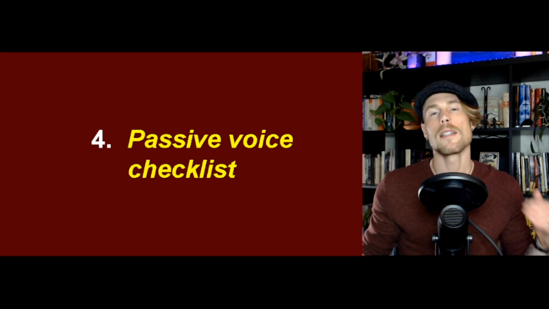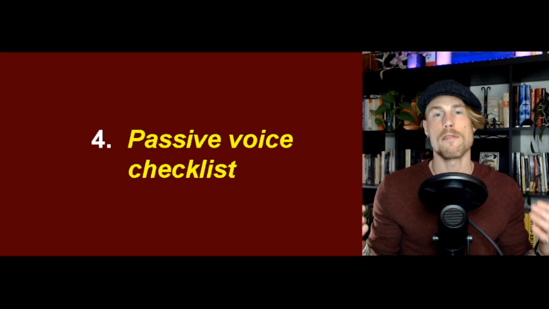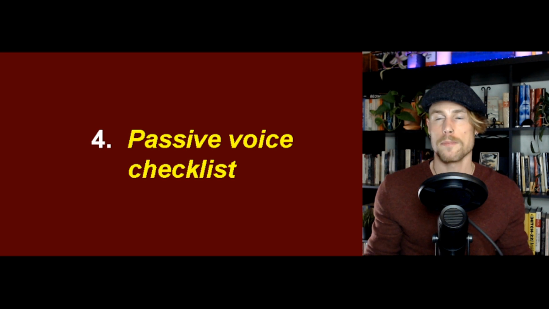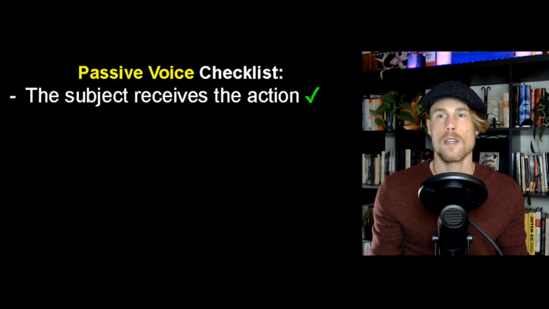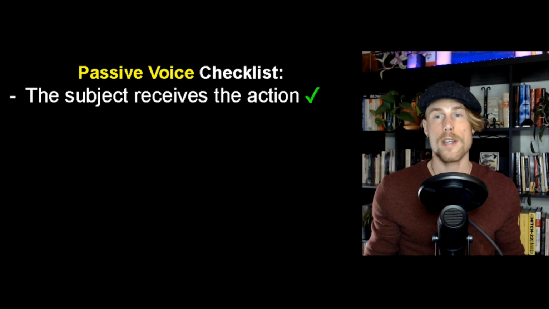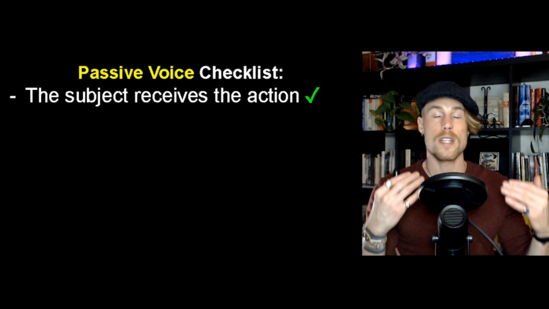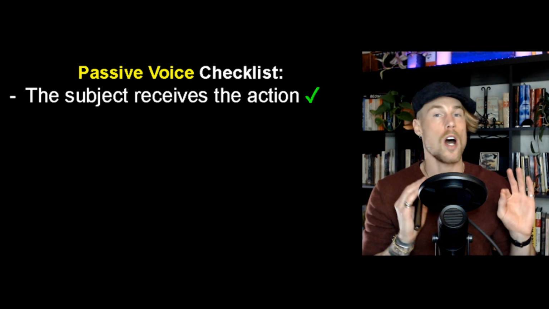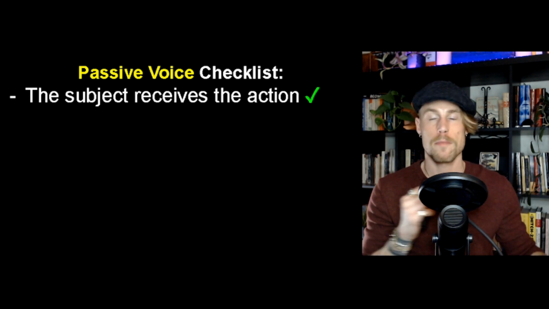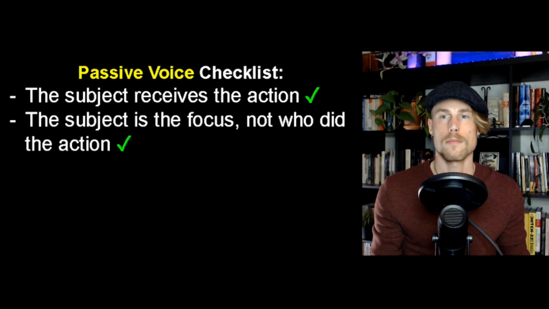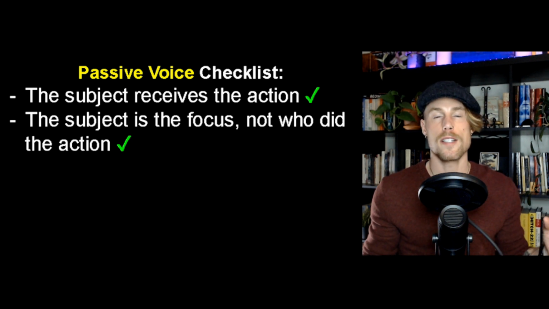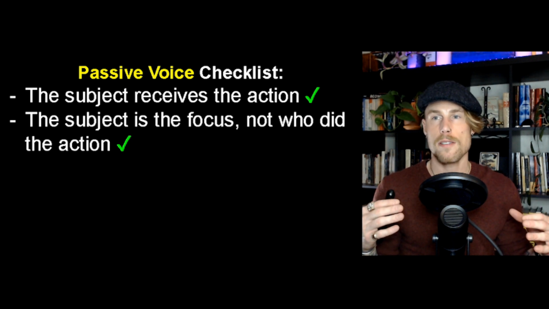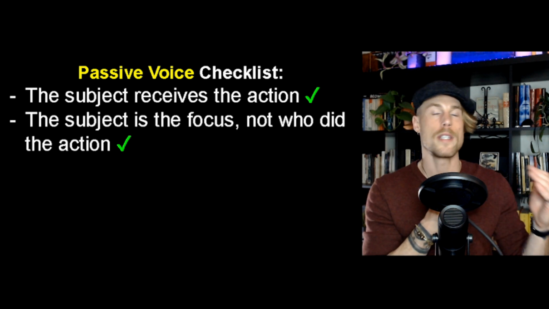Okay, let's go over a passive voice checklist. So with the passive voice, the subject receives the action. The subject does not do the action. The subject is the focus of the sentence, not who did the action.